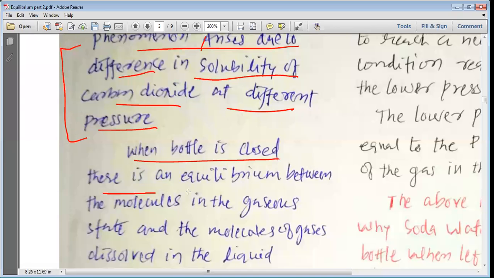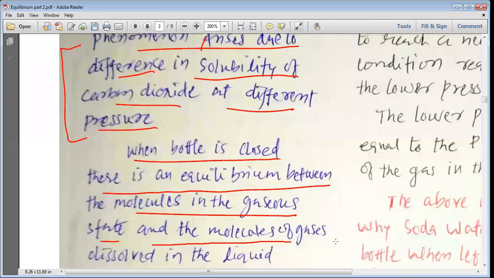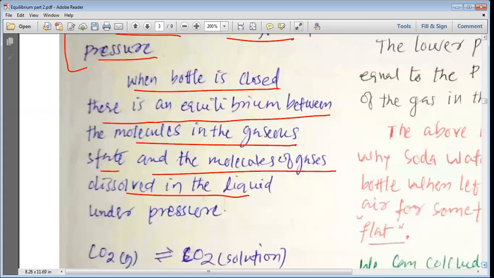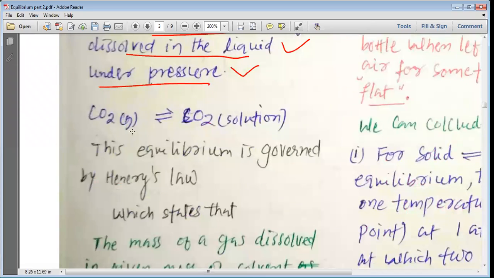When the bottle is closed, there is an equilibrium between the molecules in the gaseous state and the molecules of gas dissolved in the liquid under pressure. So when the bottle is closed, we can say there is an equilibrium of CO2 gas and CO2 present in the solution. This equilibrium is governed by Henry's law.